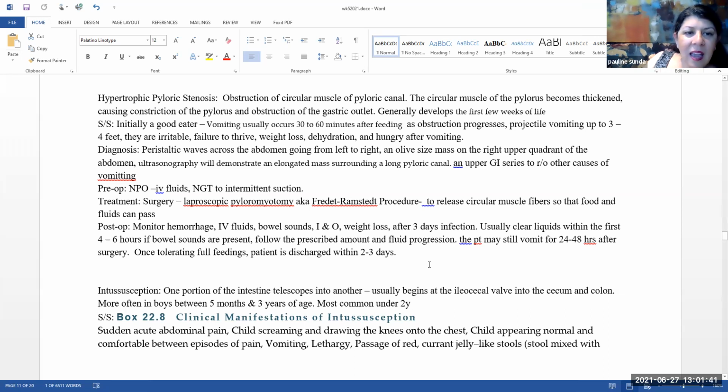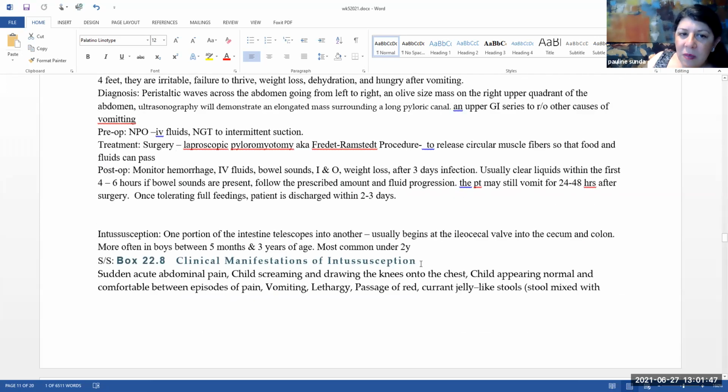Preoperatively, they're going to be NPO, on IV fluids and an NG tube to intermittent suction. The treatment is a laparoscopic surgery, a pyloromyotomy, also called a Fredet-Ramstedt procedure. Basically, it releases the muscle fibers so that food and fluid can pass.